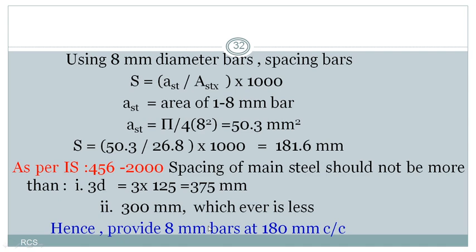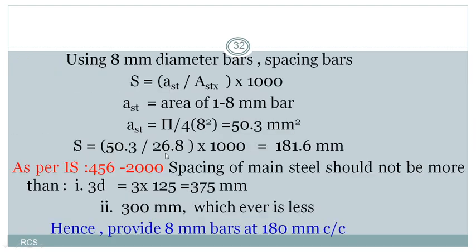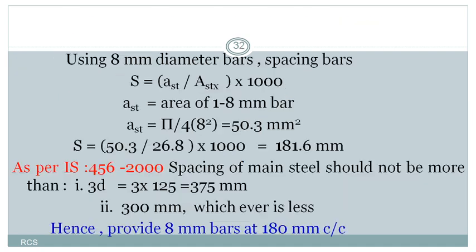And for this we have to calculate what spacing is to be maintained. So using 8 mm diameter bars, spacing is equal to small ast by capital Astx into 1000. Small ast is the area of one 8 mm diameter bar, and that will be 50.3 mm square. So S equal to 50.3 by 276.8 into 1000.